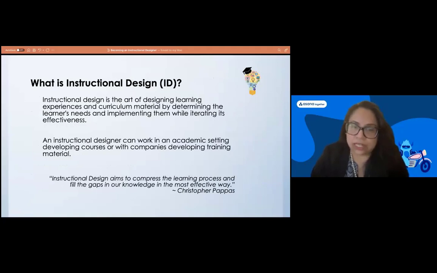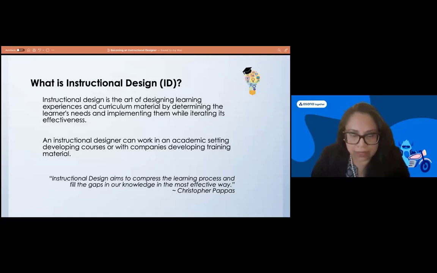An instructional designer can work in an academic setting, developing courses, or with companies developing training material. As we will see, instructional design has many hats and can work in a variety of places.